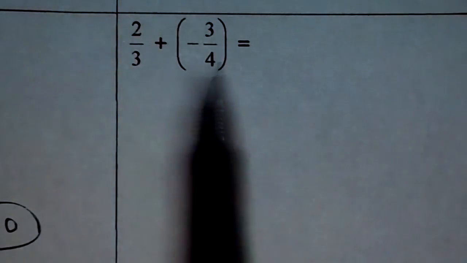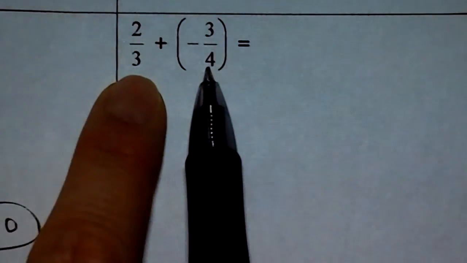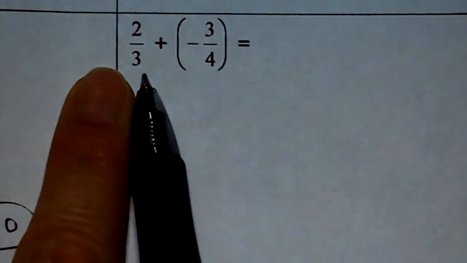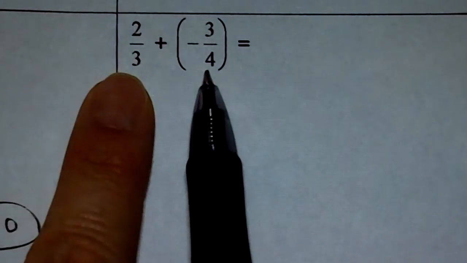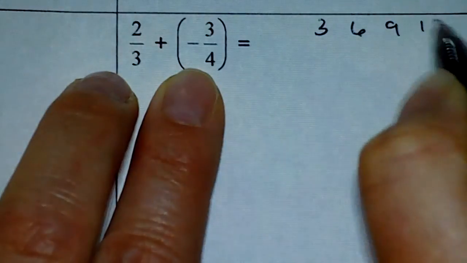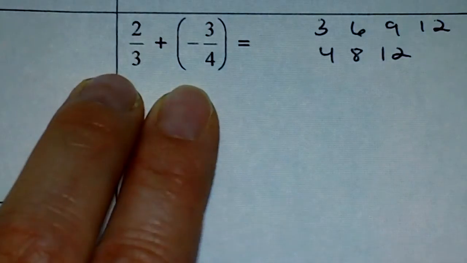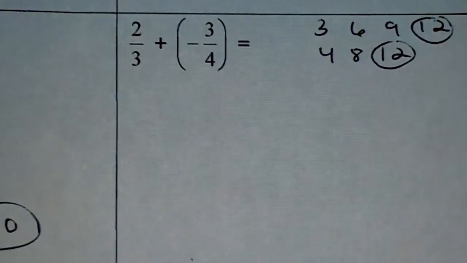I do need to find the first number that 3 and 4 have in common if I count by them. That's the LCD. I'm hoping that when you see 3 and 4, the number 12 pops into your head. If not, then maybe off to the side you would go 3, 6, 9, 12, and then 4, 8, 12, and then say, hey, the first number they have in common is 12.